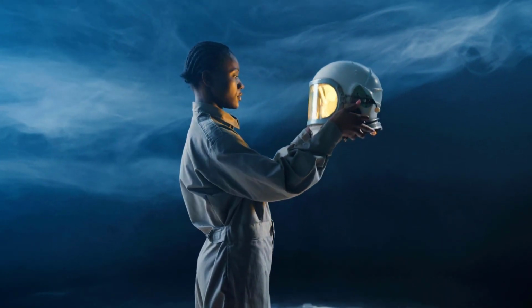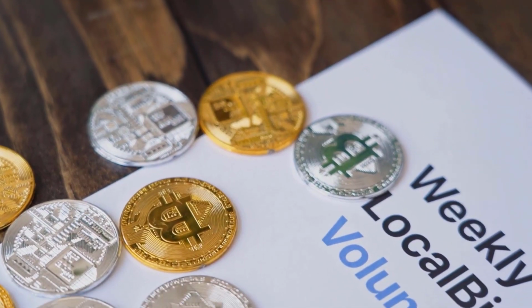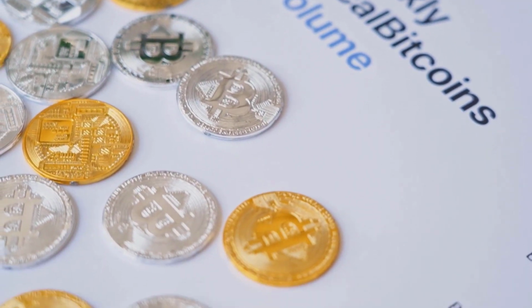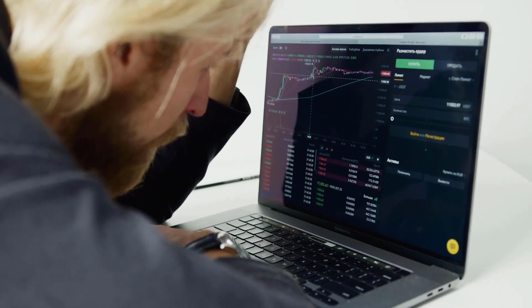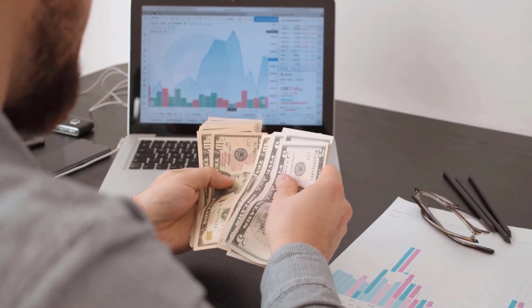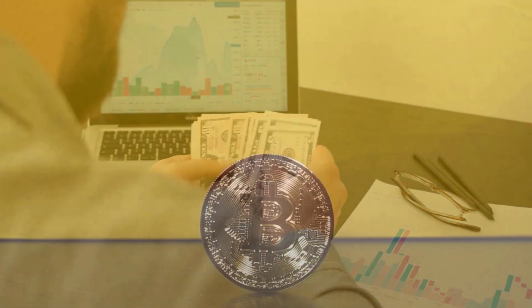Among other cryptocurrencies, Ethereum has seen a price decrease of 1.29%, reaching $2,062.29 during the past 24 hours.